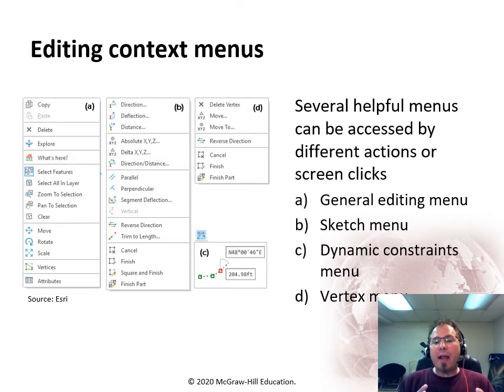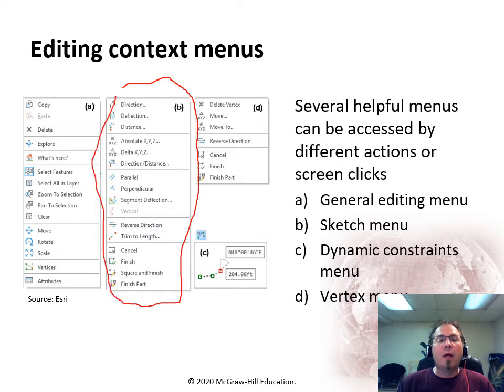As you're creating a sketch and adding these nodes, let's say to make a polygon, if you right click on the node itself, you'll get context menus. You can see here, this middle one is what I'm going to get if I click on a node. That's the sketch menu. Now, when I make a perfect square, here's what I do. I click and add a dot to my map. I right click on that and go to direction, which is right here.